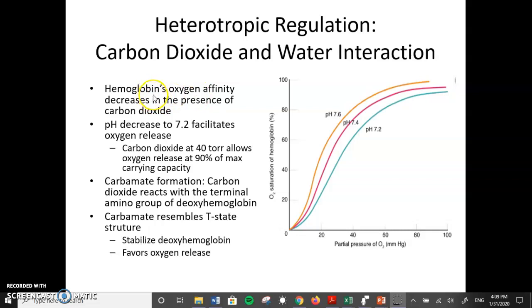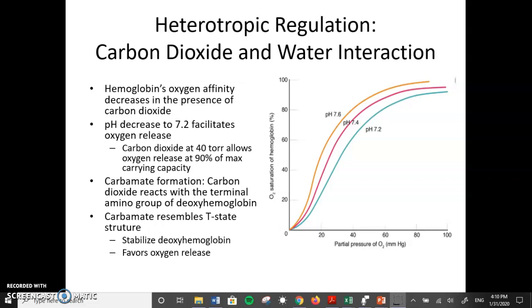So, in the presence of carbon dioxide, hemoglobin's oxygen affinity decreases. So we're going to have a release of oxygen. So we can liken that to tissues that are far away from the lungs or that take longer to get oxygenated blood to.